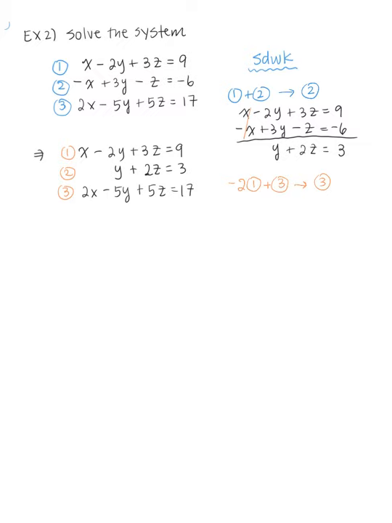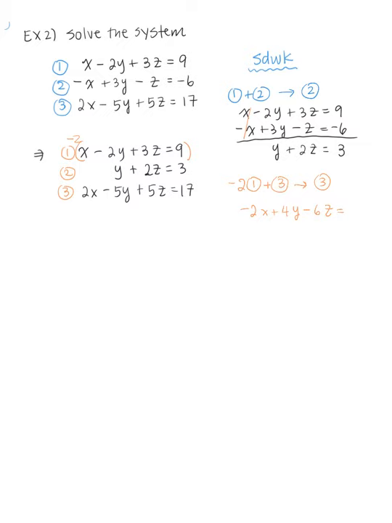So now basically, what I'm going to do is multiply the whole entire first equation by negative 2. All right, so then here what we're going to get is negative 2x plus 4y minus 6z equals, don't forget to multiply by the negative 2 on the right hand side of the equation.